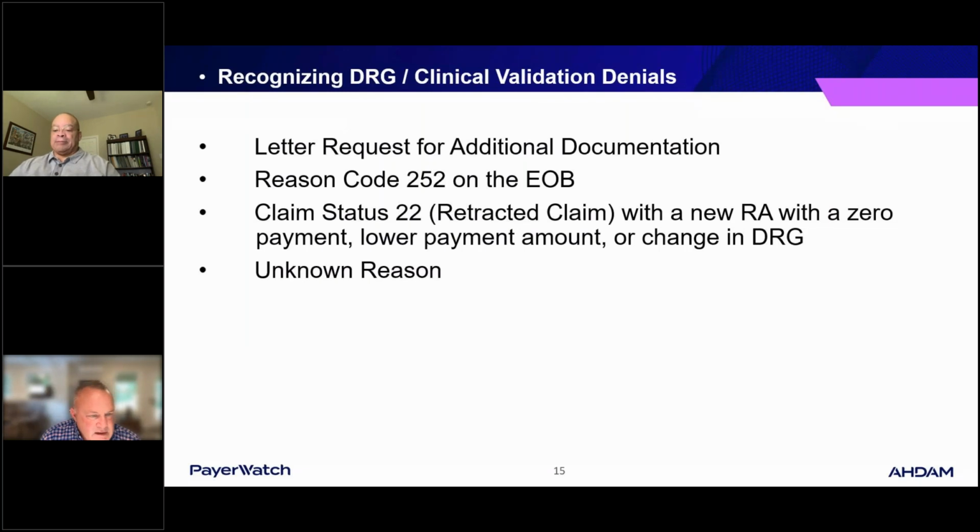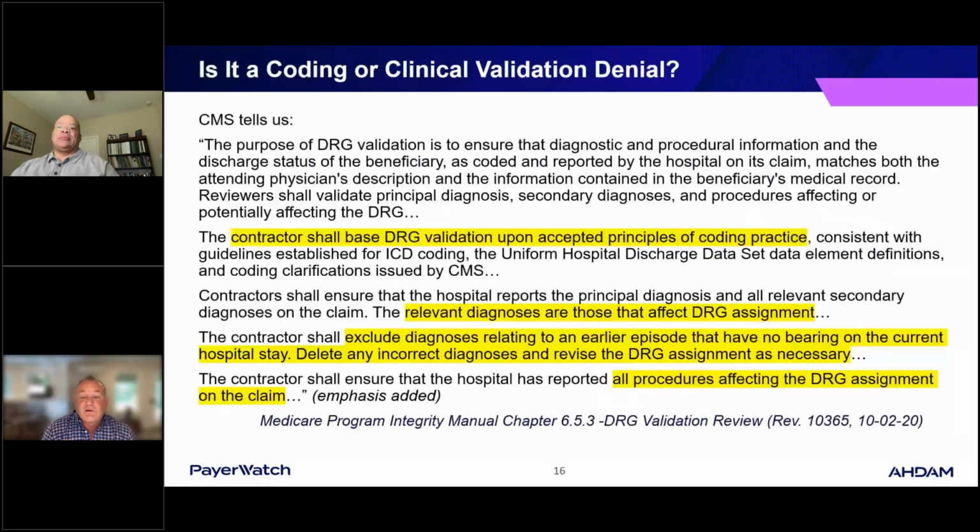So the key thing to differentiate when you have these in your work queue is: are you dealing with a coding issue or a clinical validation denial? Medicare's own language is that the purpose of DRG validation is to ensure that what was billed is supported by the beneficiary's medical record. In their scope of work, it says reviewers shall validate principal and secondary diagnoses and procedures affecting or potentially affecting the DRG.